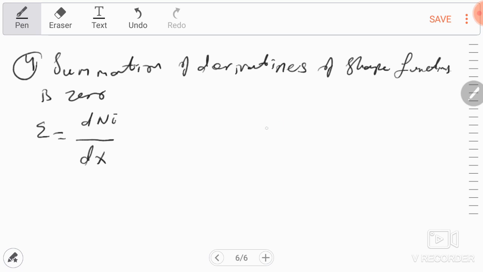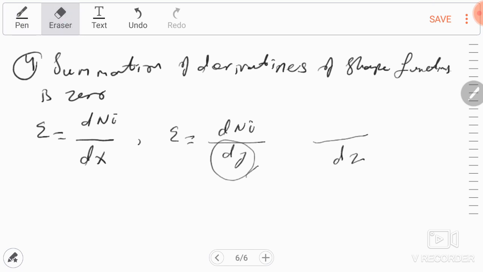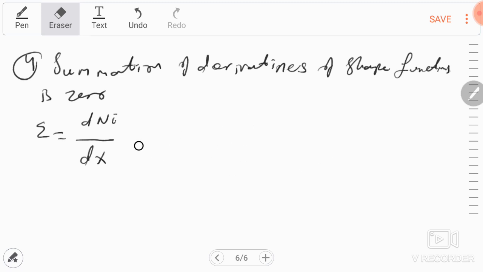If we have a 2D element, we will say the summation equals dNi over dy, so you can derive in the y direction. Same if we have a 3D element, derive in the z direction. But as I said before, we have only a 1D element, so I will work only on the x direction.